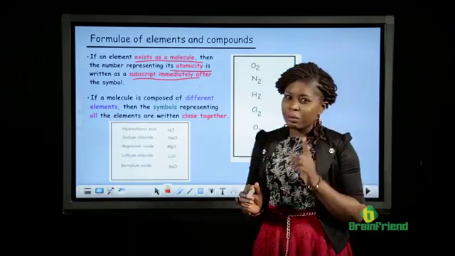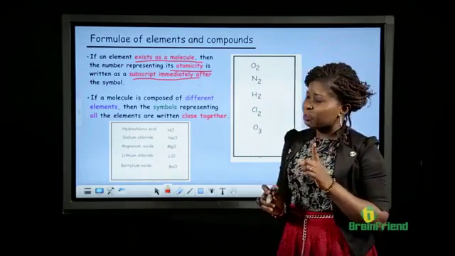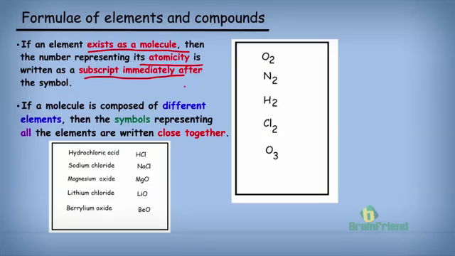And then we are saying that if an element exists as a molecule, it means that the element is just that element forming the molecule. For example, if you have an oxygen atom combining with another oxygen atom, they are going to give an oxygen molecule. So this is an example of where one element forms a molecule.